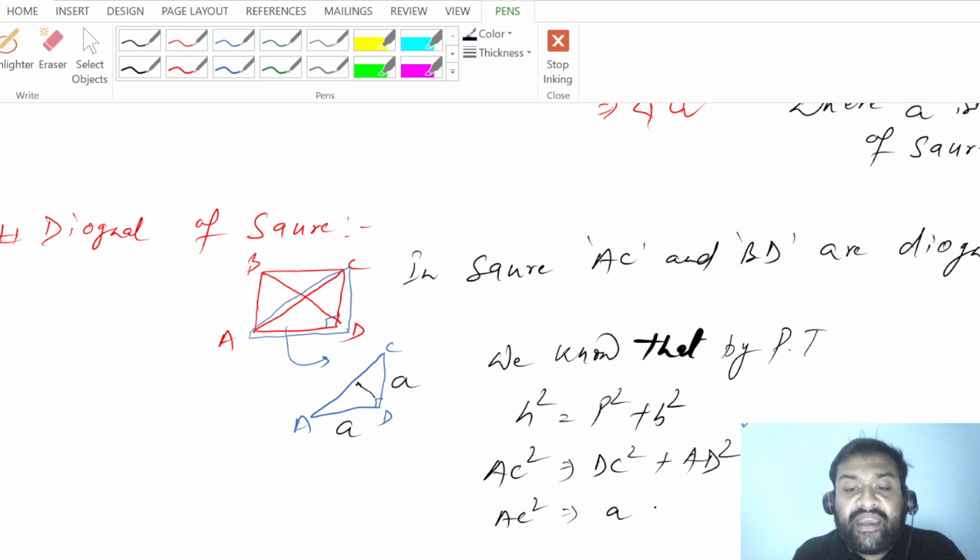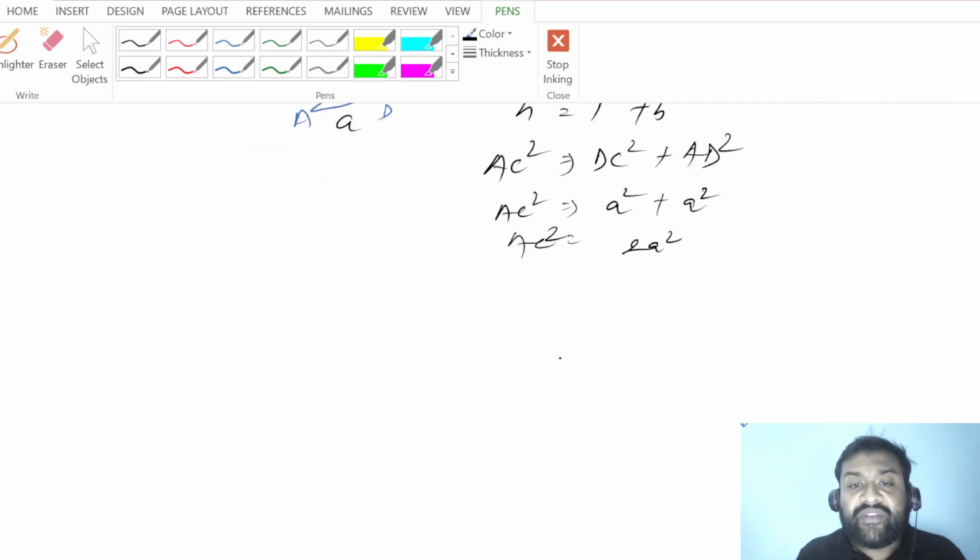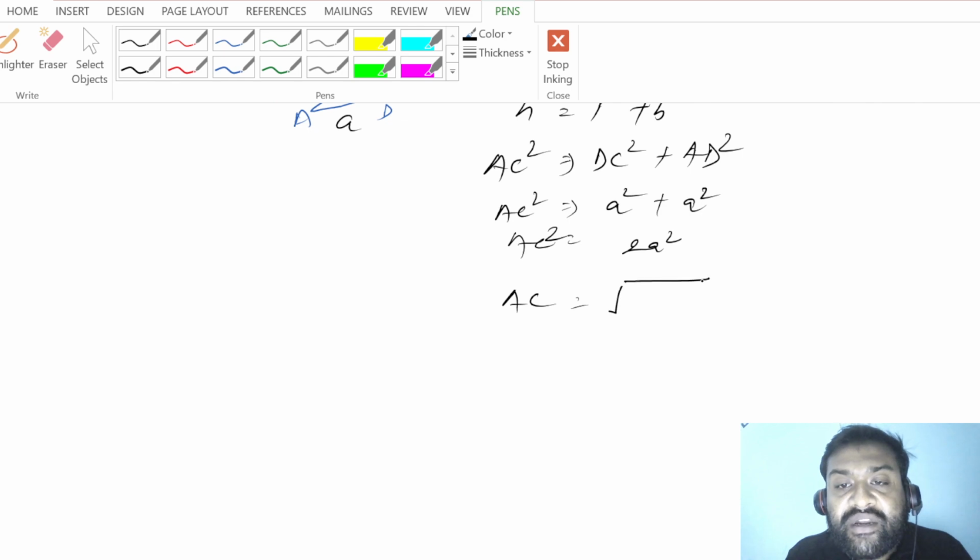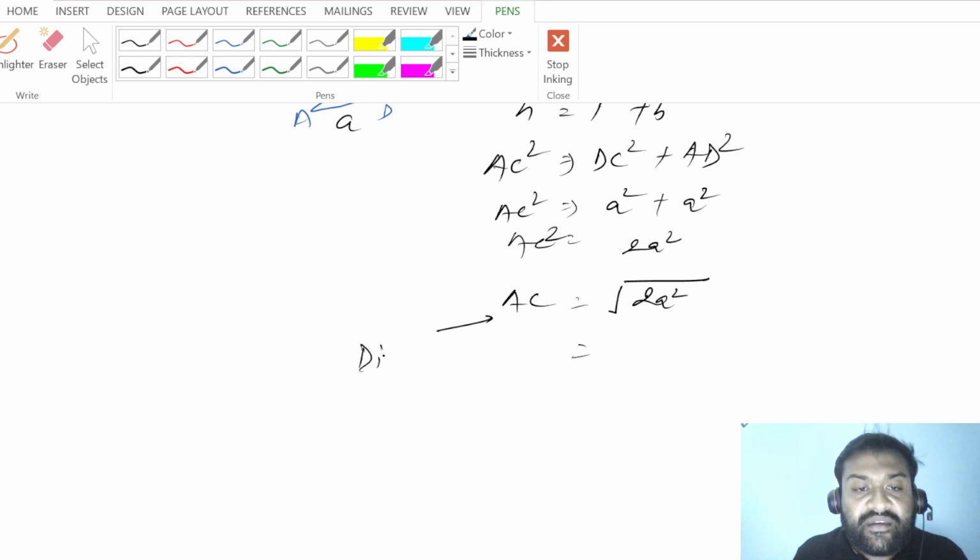DC is A, AD is A, so A square plus A square, which is 2A square. So AC is equal to root under 2A square. AC is our diagonal.